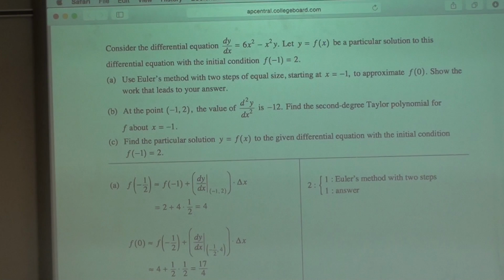Mine is I just added this to my side and divided by x.